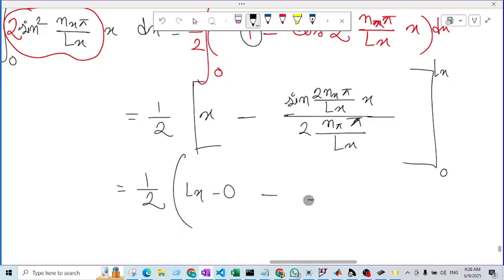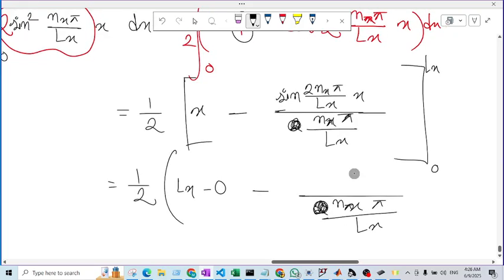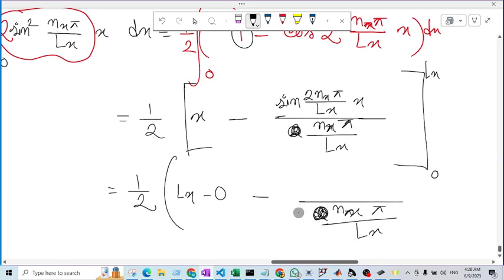Now the second term, 2 into nx pi divided by Lx. Oh, and here we have not 2 here, only this thing. Oh sorry, yes we have 2 here. But this denominator doesn't matter.